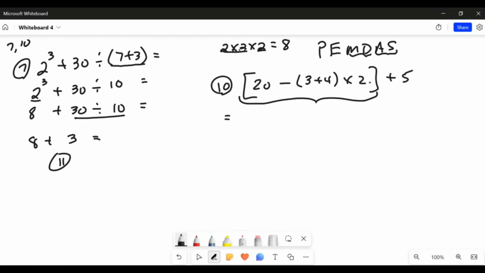So we've got to do all of this stuff on the inside here first. So we start over again on the inside. Do we have any parentheses? Yes. So everything else stays the same. We're only fixing that. 3 plus 4 is 7.